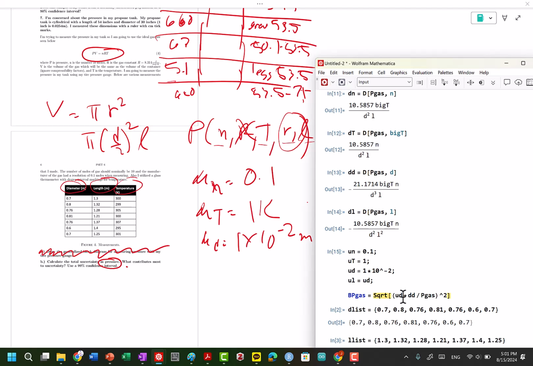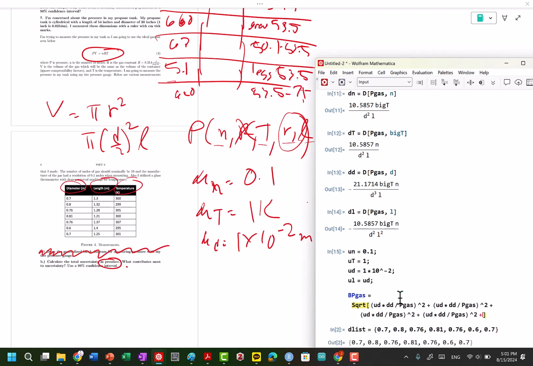You're all experts at this point. Putting it in percentages, because again, we have to deal with precision error. Three more: uncertainty in L, dl, uncertainty in N, dn, and uncertainty in T, dt.